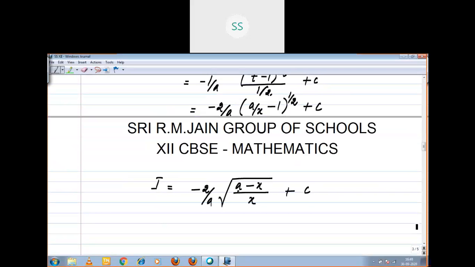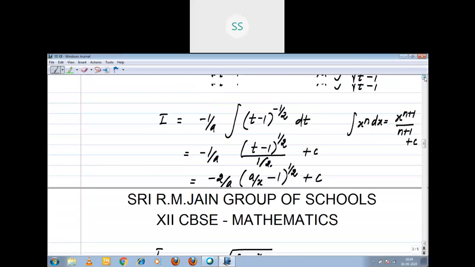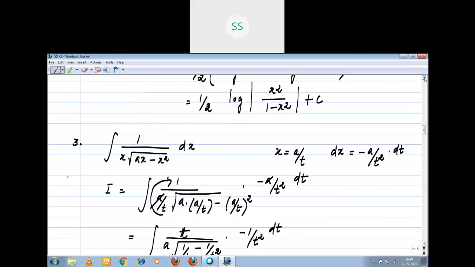Now whatever it is, final result should be in terms of x, I said, right? So it is equal to minus 2 by a, t can be replaced by what? a by x. a by x minus 1 the whole power 1 by 2 plus c.